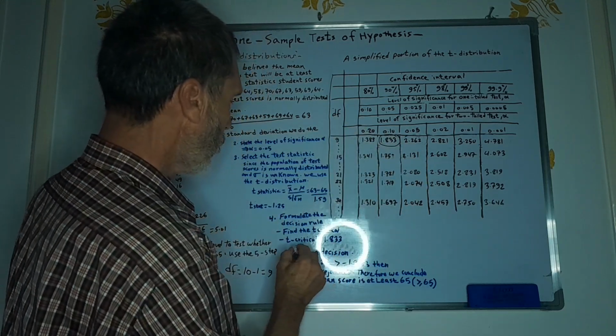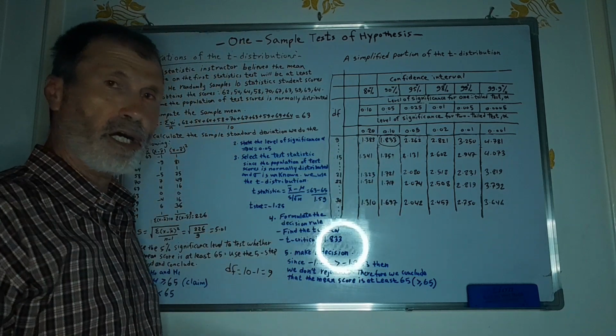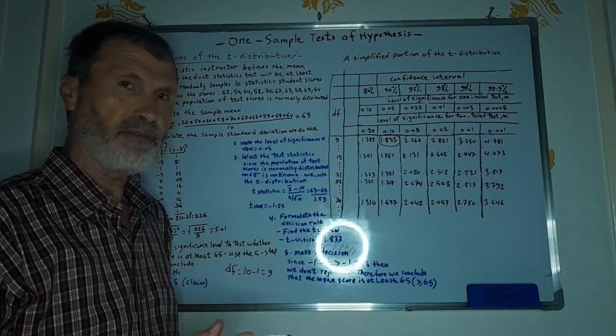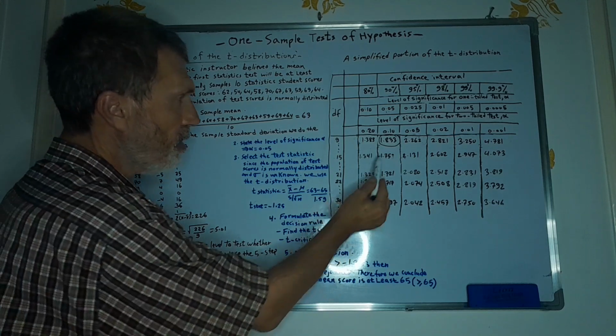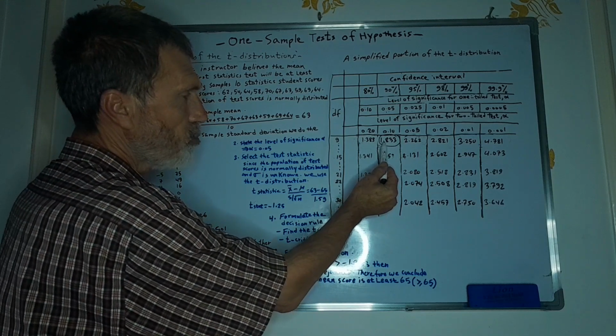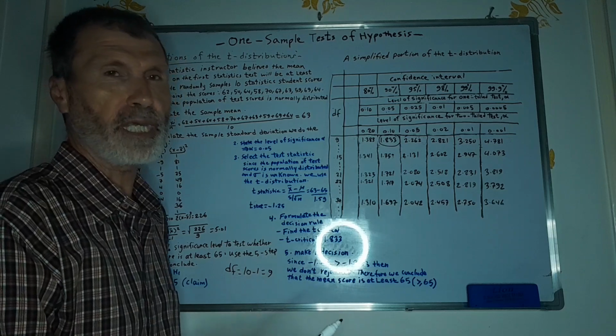So the t critical is 1.833. Because we are in the lower tail or the left tail, it is minus 1.833.